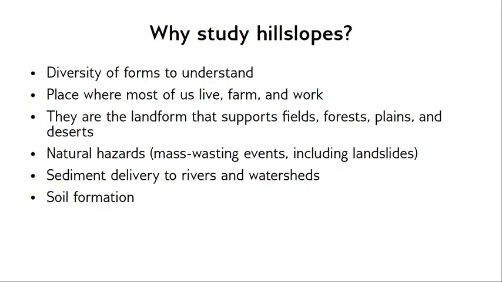If you're more of a city person, well, you know what? Cities are kind of armored hill slopes covered in houses and streets and so forth. The mass wasting events, including landslides, are important natural hazards. Both mass wasting and hill slope creep deliver sediment to rivers and watersheds, and they form soils.